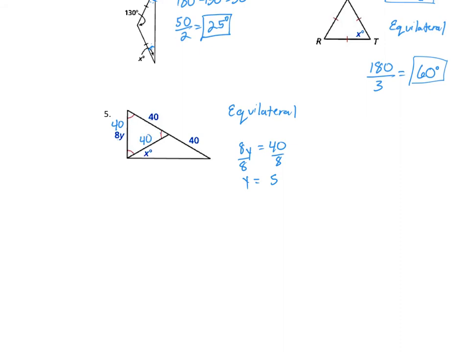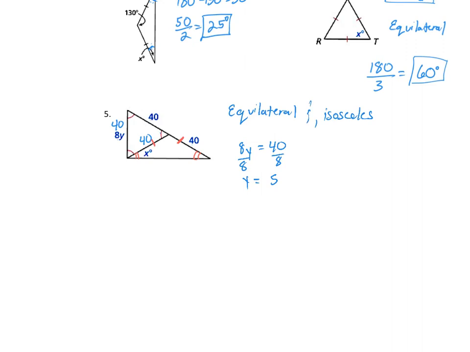The distance here is 40. Since this is 40 and this is 40, I can guarantee these 2 sides are 40. The angles have to be the same. So I'm dealing with an equilateral and an isosceles.